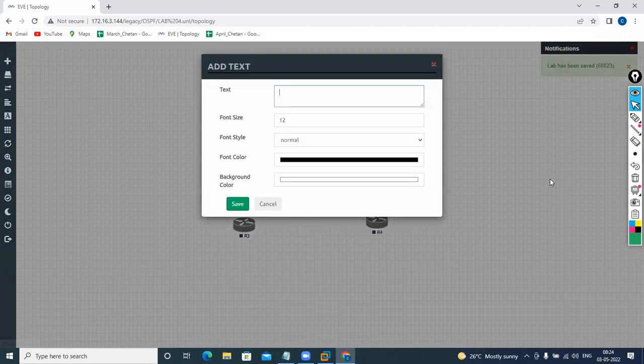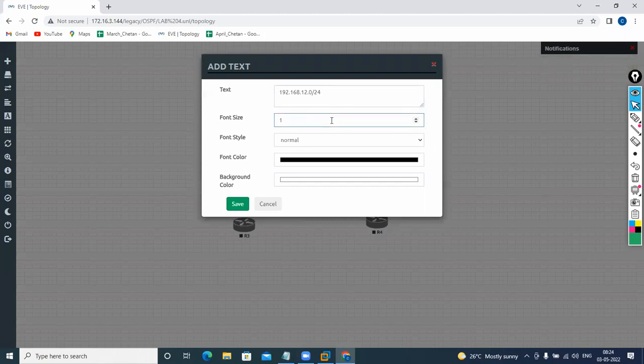The IP address will be 192.168.12.0/24 between R1 and R2.